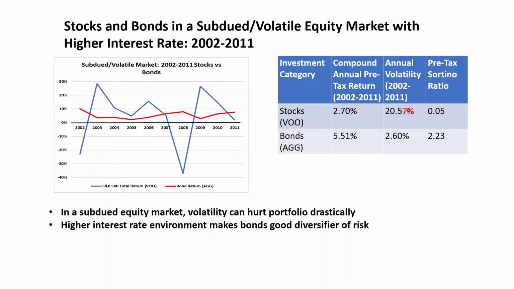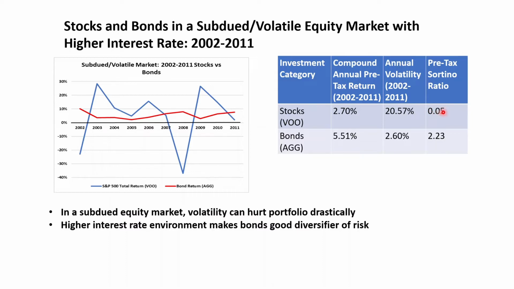So this 20.57%, a higher number here, means it jumps up and down a lot, which we can see, especially due to 2008. The Sortino ratio is just a way of measuring return relative to risk. So we can see here, again, the higher number means there's higher return relative to the risk.